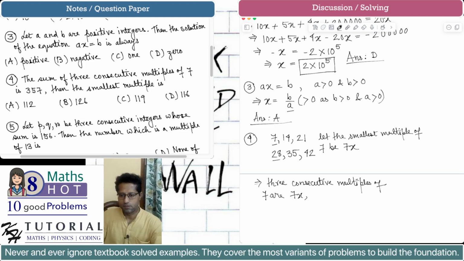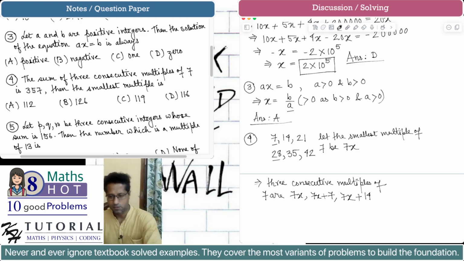The next multiple of 7 will be 7x plus 7, and the next multiple, that is the largest multiple of 7, will be 7x plus 14. So these are the three consecutive multiples of 7 where we have assumed that the first multiple, that is the smallest multiple of 7, is 7x.